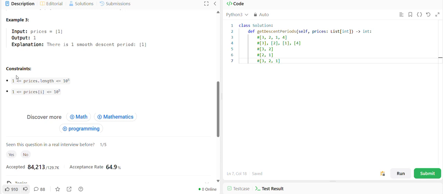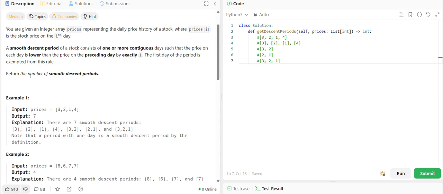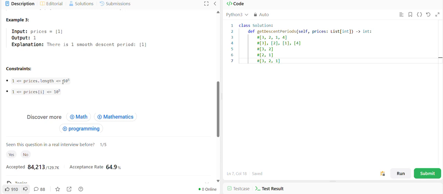No, because the constraint is given as the prices length is between 1 and 10 to the power 5. See, 1 means there will be at least one element in prices, which denotes that the total number of smooth descent periods will be at least 1. Minimum will be 1. And it goes till 10 to the power 5. So n cube will not work. If we try to minimize the time while generating the subarrays, it is mostly big O of n square, but this is not the optimized solution. So we have to think of a solution in big O of n.